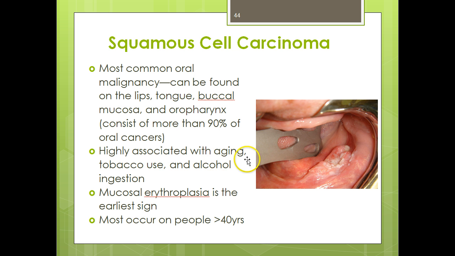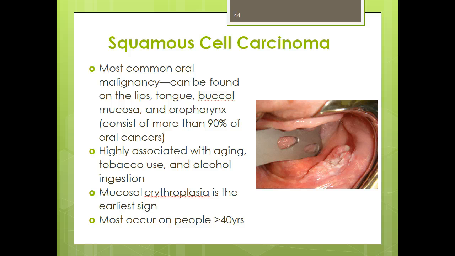It's highly associated with aging, tobacco use, and alcohol ingestion. And as you can see right there, that's a picture of it. They have what they call mucosal erythroplasia, and remember that's like it getting big and inflamed, which is the earliest sign, and it mostly occurs in people who are greater than 40 years of age.